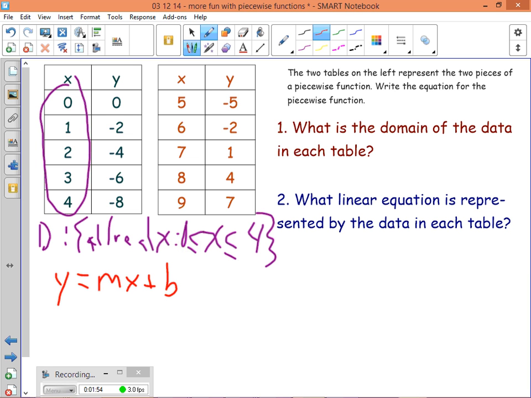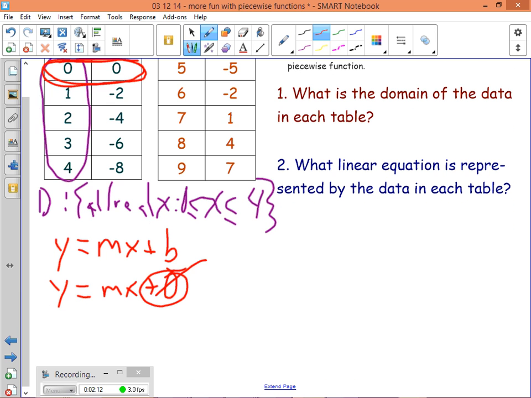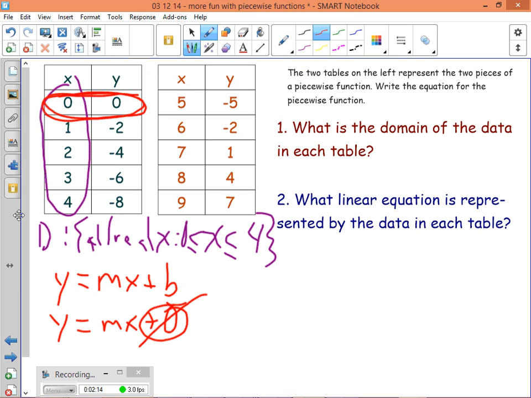It is real easy to find my y-intercept on this graph because the y-intercept is where x is 0. I already am told that my y-intercept is 0. So now I have y equals mx plus 0, which, by the way, is just mx. Now all I have to do is find my slope, and I'm done.